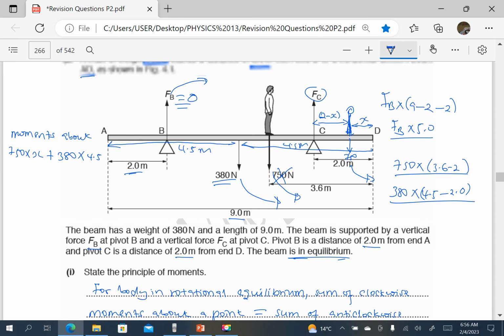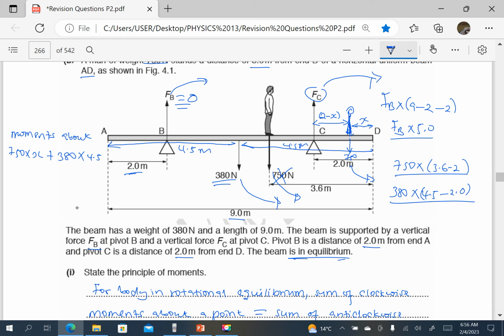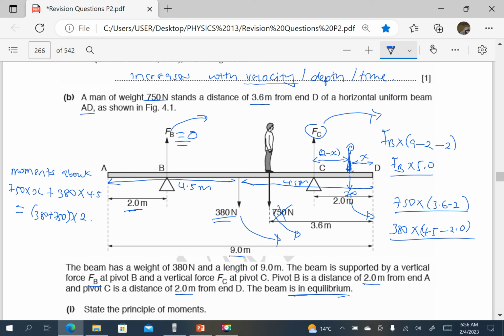So the force at C is causing a moment which is clockwise about point D. So this will be equal to FC, which is 380 plus 750, times the perpendicular distance, which is 2 from point D.